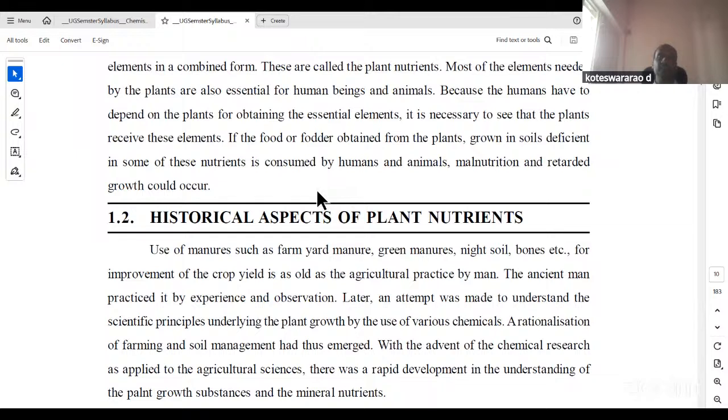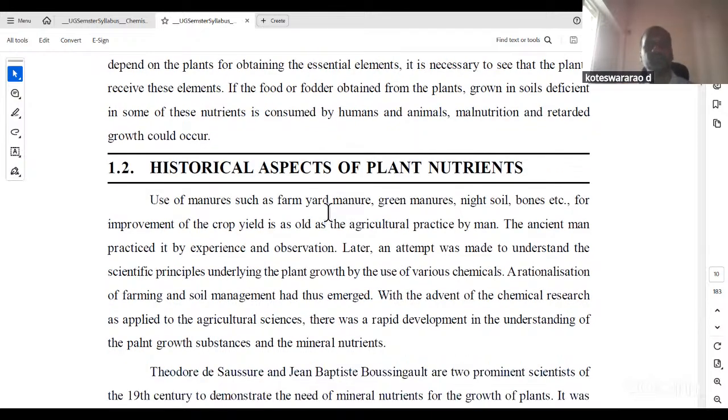With the advent of chemical research applied to agricultural sciences, there was rapid development in the understanding of plant growth substances and mineral nutrients. Several minerals needed for plant growth and development were understood by scientists, and applying them succeeded in healthy growth of the plants.